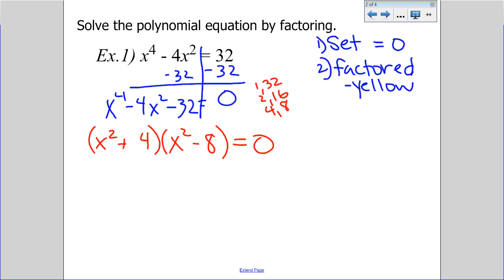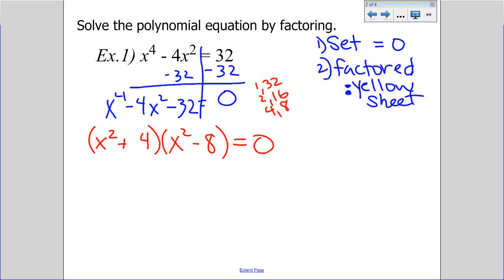I'm not doing enough examples with you to show you every type of factoring from 6.4, so the yellow sheet is what you need to have out.